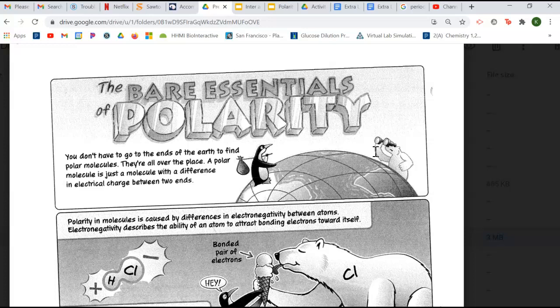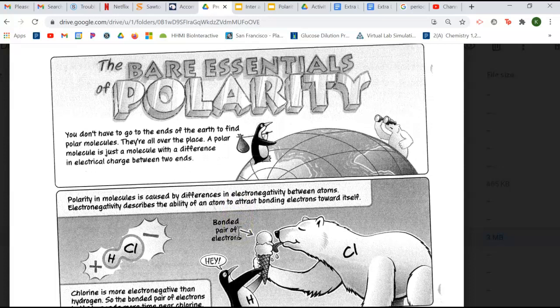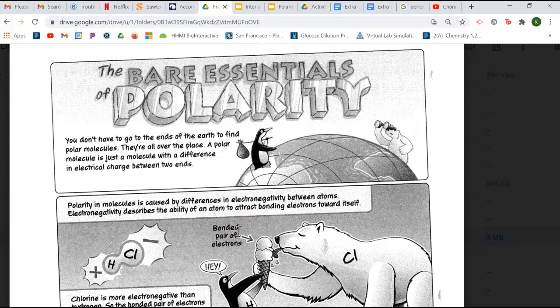So you don't have to go to the ends of the earth to find polar molecules. They're all over the place. A polar molecule is just a molecule with a difference in electrical charge between 2 ends. And so what that means is polarity in molecules is caused by difference in electronegativity between atoms.